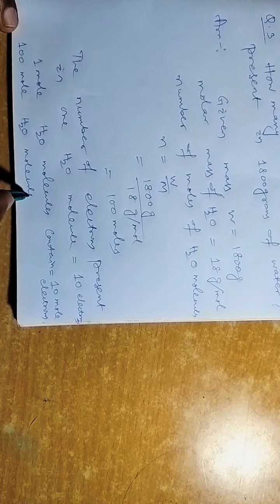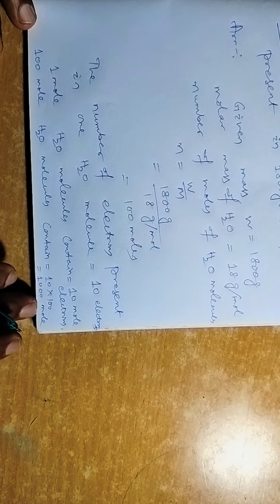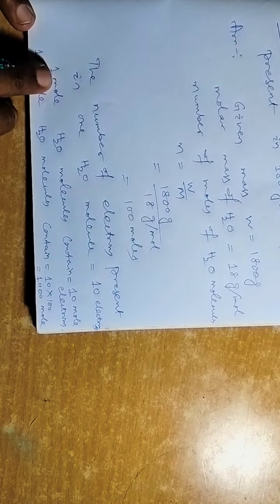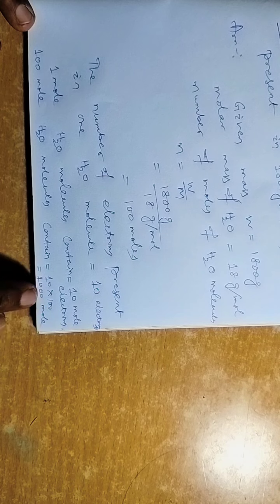Like this, 100 mole H2O molecules contain 10 into 100, that is 1000 mole electrons.